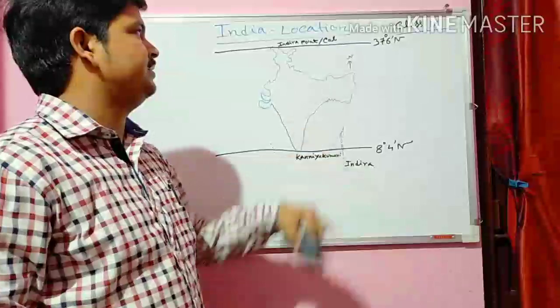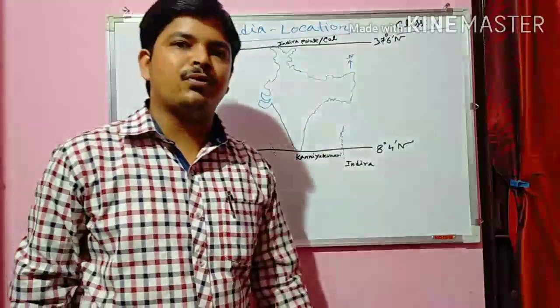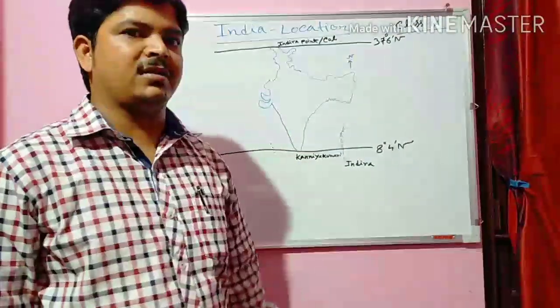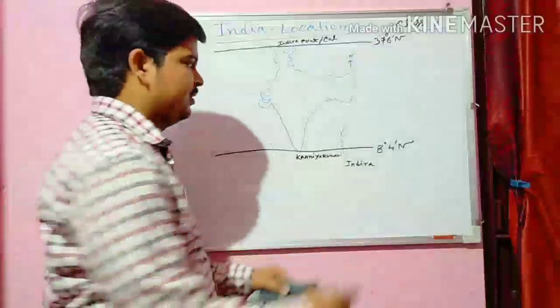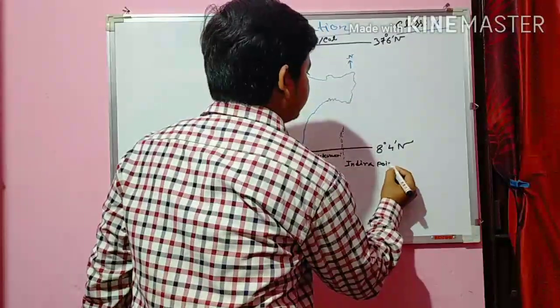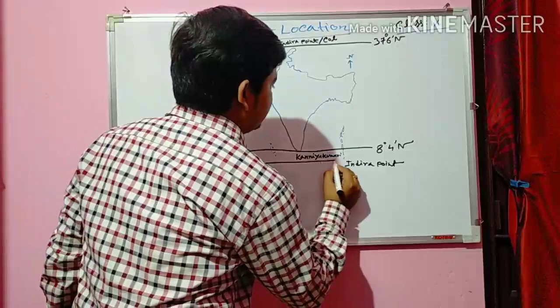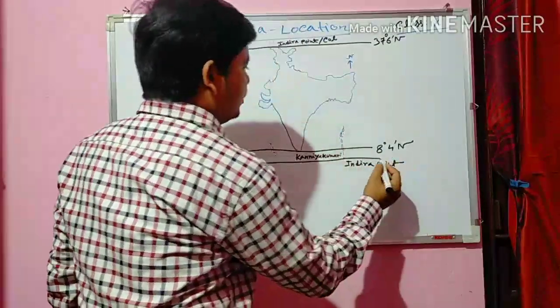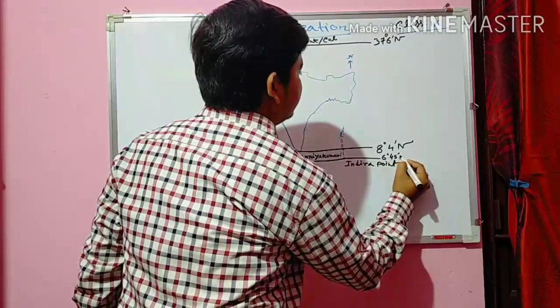You know, in the 2004 tsunami this point almost submerged, but it is still considered the southernmost point of India. So that we also have to consider. This value is 6 degree 45 minutes north.